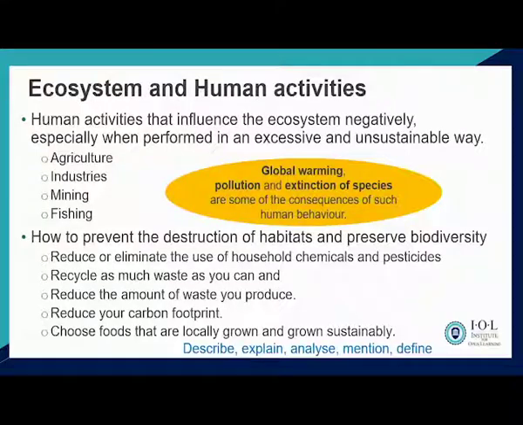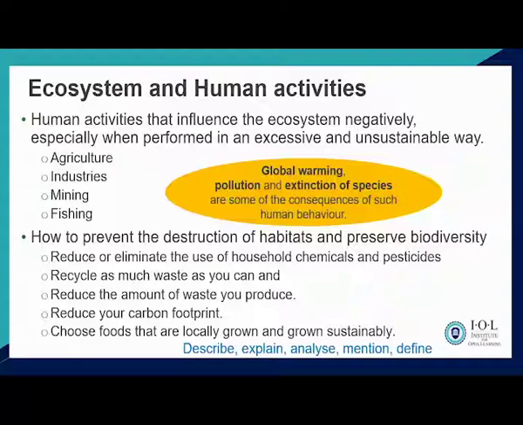The other topic is on ecosystem and human activity. As we know, human activity normally influences the ecosystem negatively, especially when performed in an excessive and unsustainable way.